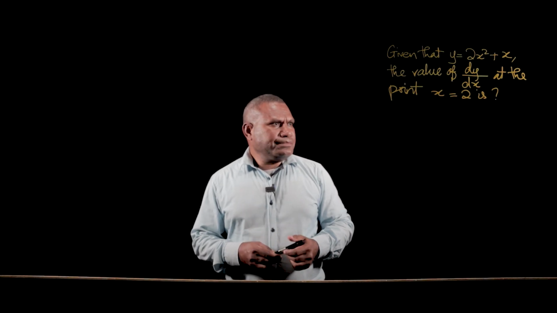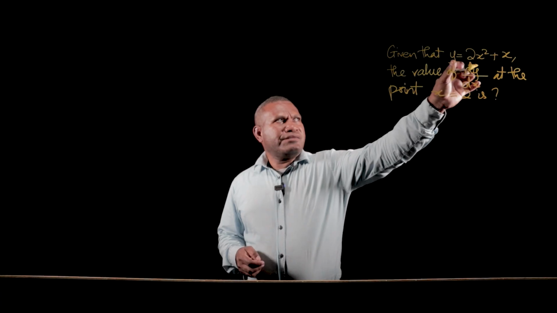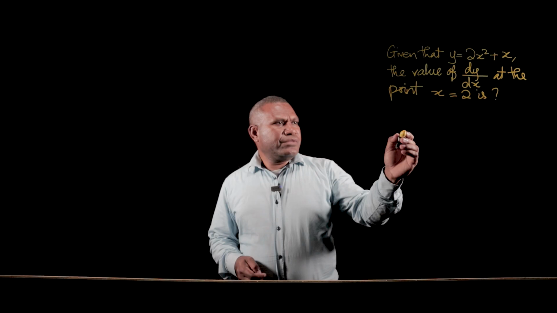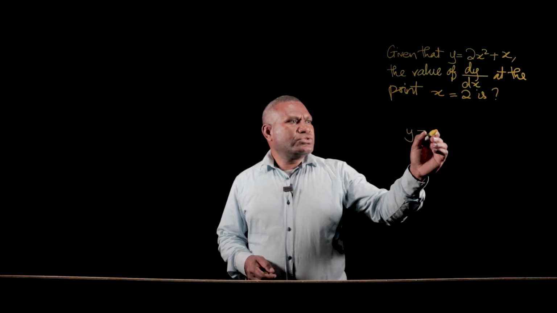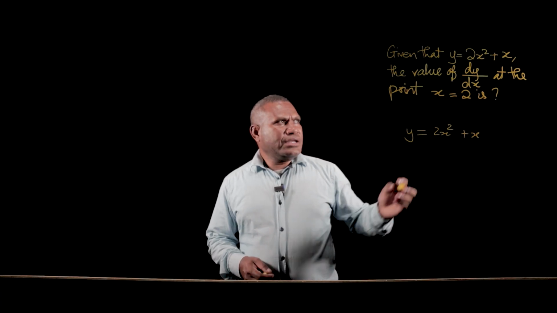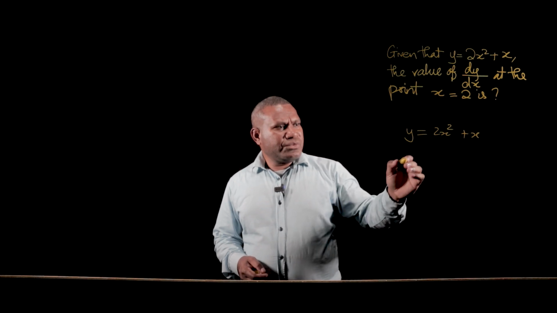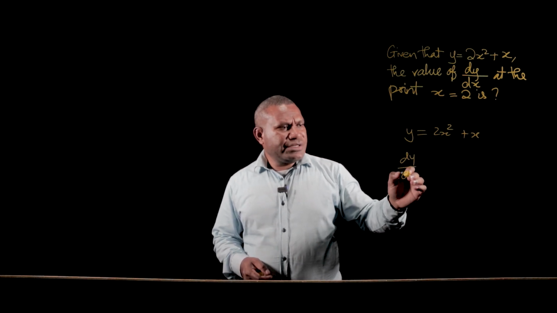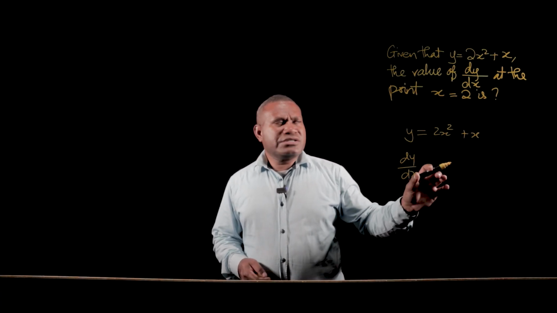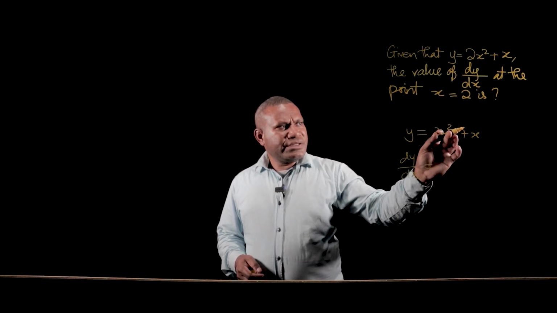If you want to solve this, the first thing that you need to do is find the derivative of this function using the rule for differentiation. The function is y is equal to 2x squared plus x. To find the derived function, we start with the notation dy over dx, which is the representation of the derivative function.